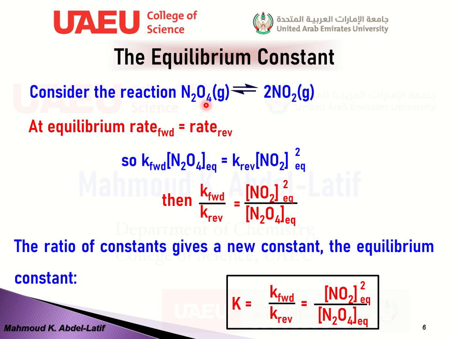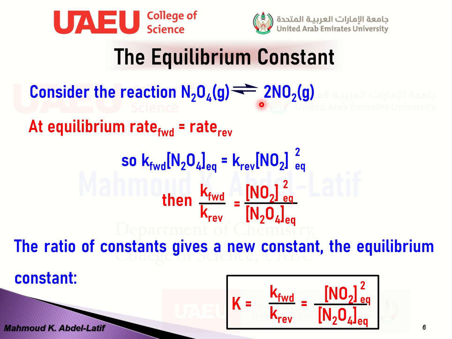If left, after some time it will decompose to nitrogen dioxide, and equilibrium between both will be reached. You have two reactions, forward and backward, and at equilibrium the rate of the forward reaction equals the rate of the backward reaction.